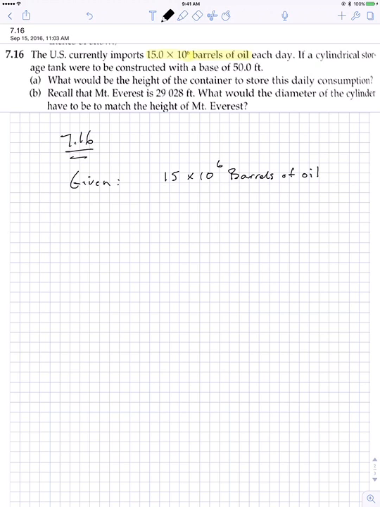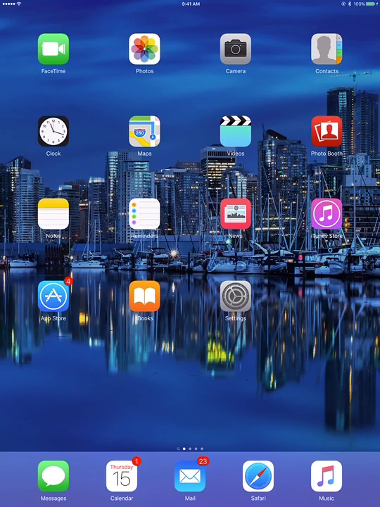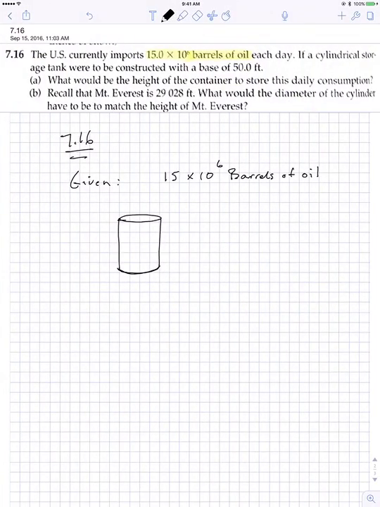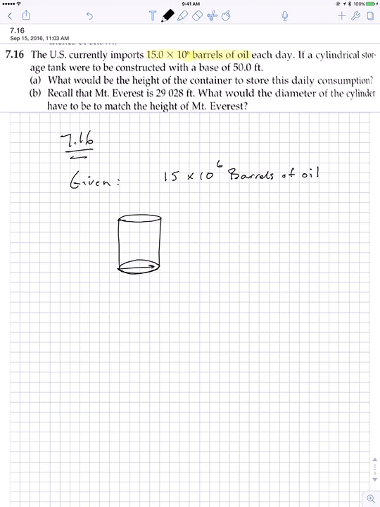What we're doing is we're assuming that we have a cylindrical tank, albeit it's going to be a really big tank. We're trying to store all the oil, and we're saying the base of the tank should be 50 feet across.